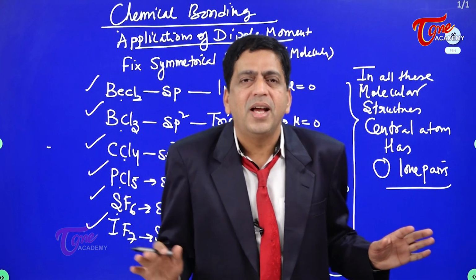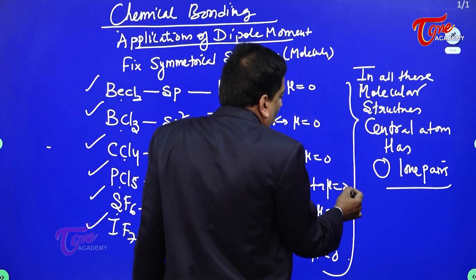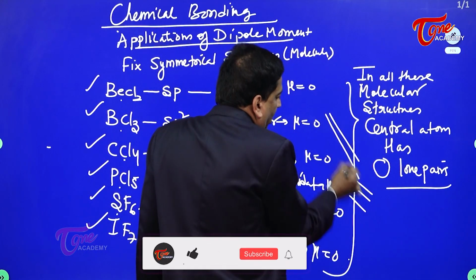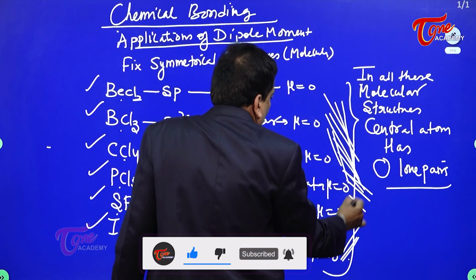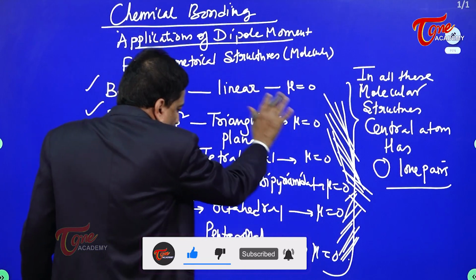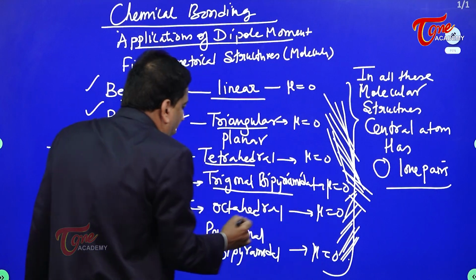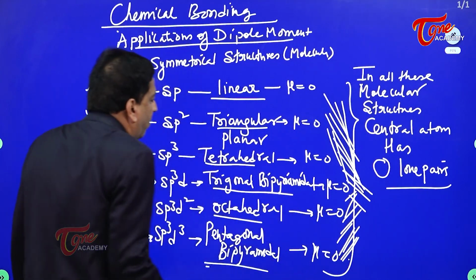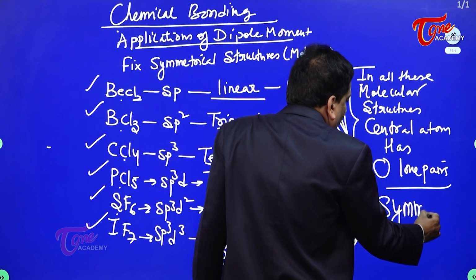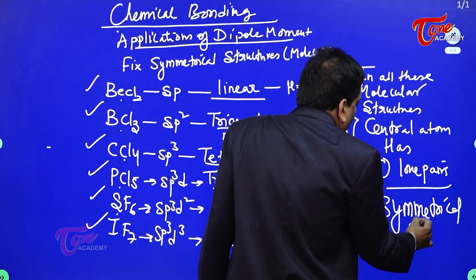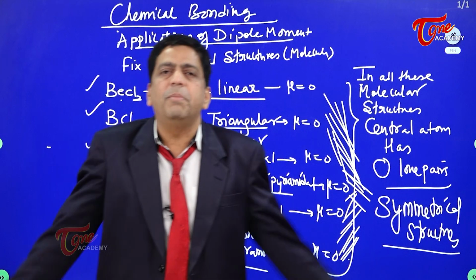And when you have 0 lone pairs, all these structures which you have listed out, so-called linear, triangular planar, tetrahedral, trigonal bipyramidal, octahedral, pentagonal bipyramidal, they are all symmetrical structures.